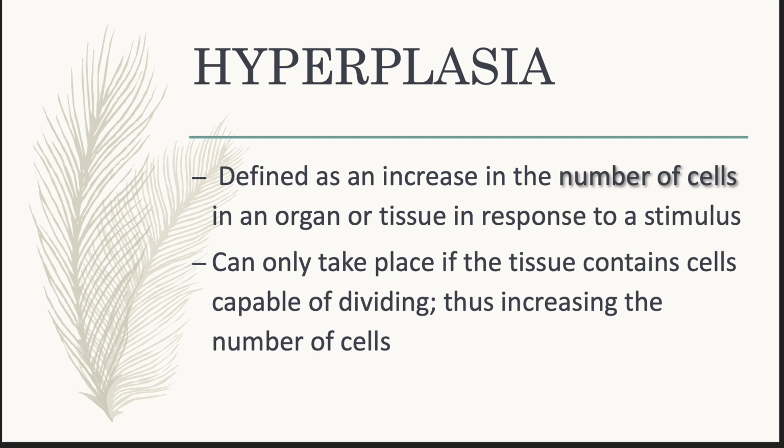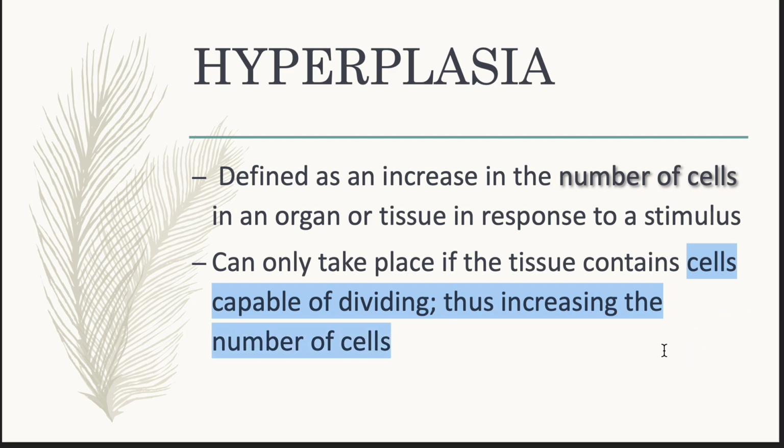So next is your hyperplasia. Hyperplasia is defined as an increase in the number of cells. So from the size of cells, now the number of cells increases in an organ or tissue in response to a stimulus. This can only take place if the tissue contains cells capable of dividing, thus increasing the number of cells.